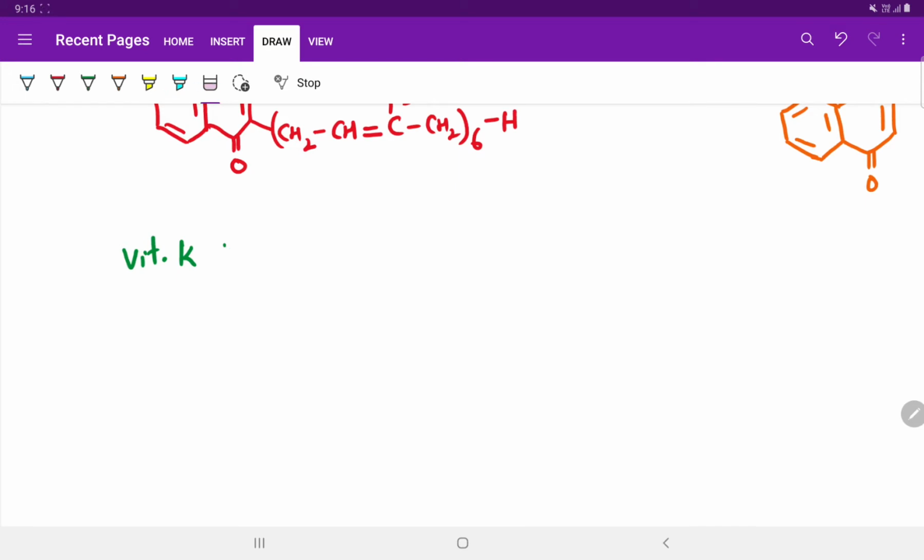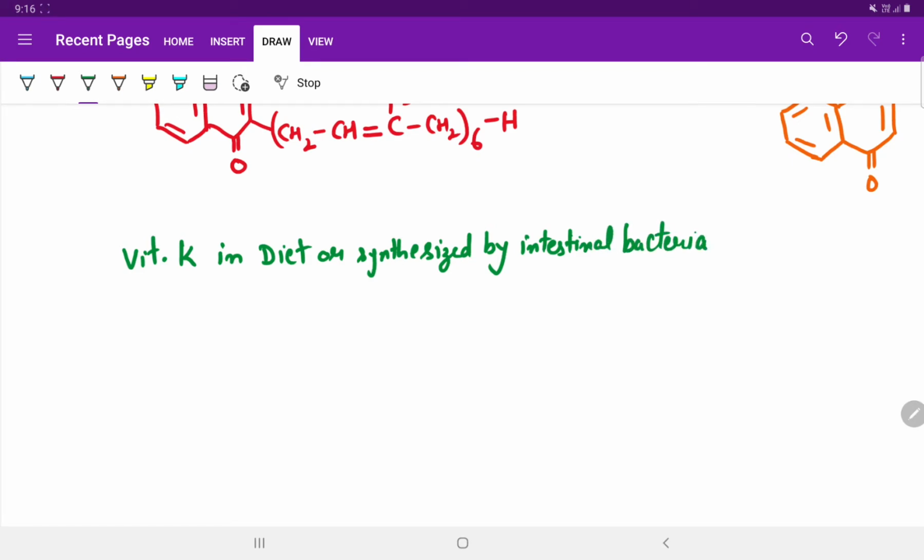We can simply write here vitamin K in diet or synthesized by intestinal bacteria. Its absorption takes place along with the fats and is dependent on bile salts.